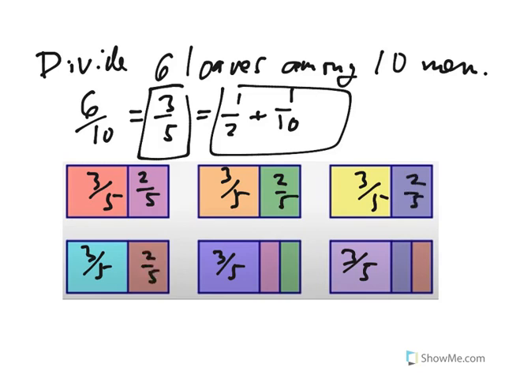So those 4 people each get one of these 2/5 pieces. Plus, if we take this other 2/5 and split those up into 1/5 each.